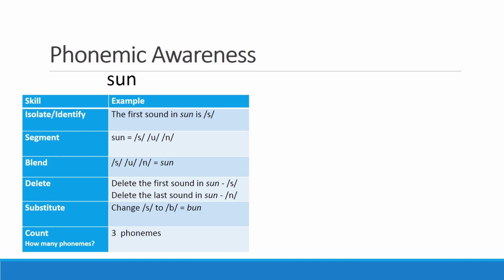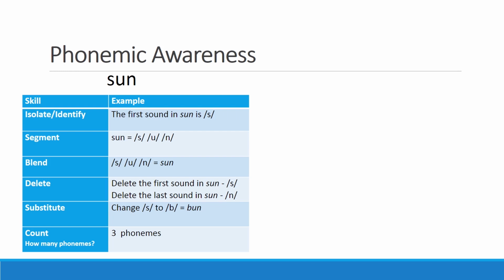An awareness of phonemes is necessary to grasp the alphabetic principle that underlines our system of written language. If children understand that words can be divided into individual phonemes and that phonemes can be blended into words, they will be able to use the letter sound knowledge to read and build words.